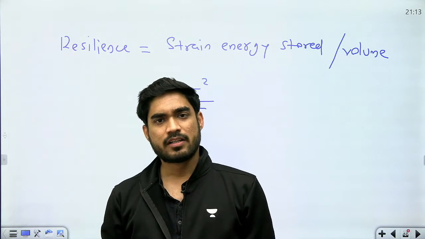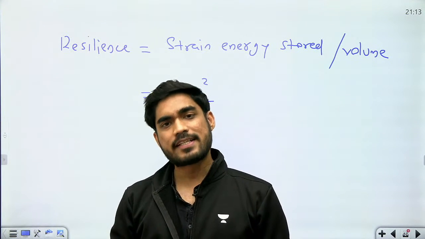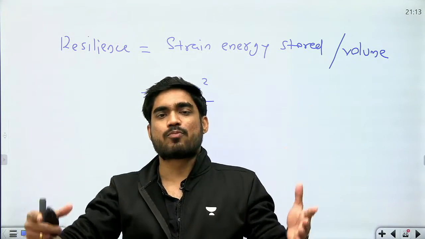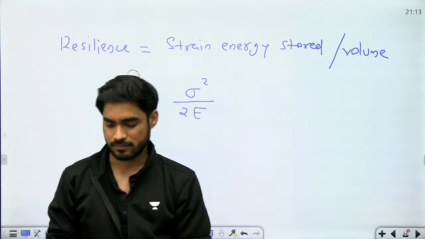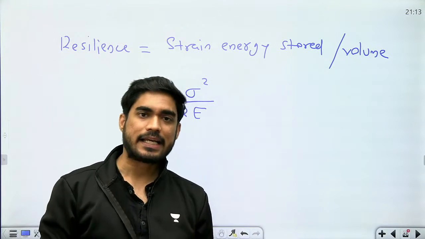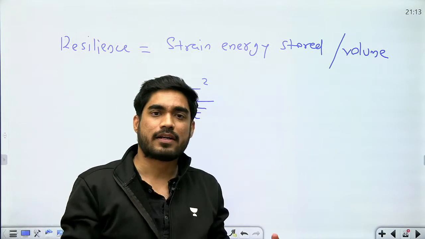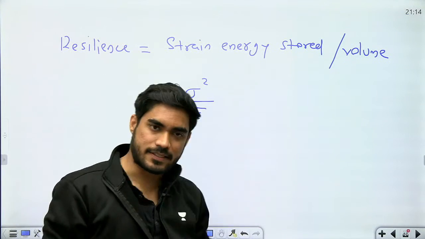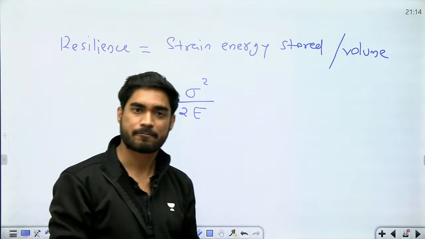Okay, so this is a property of the object which determines how much energy this body can store without permanent deformation. How much energy a body can absorb, can sustain without permanent deformation, that is resilience, and it is strain energy per unit volume, sigma square by 2E.